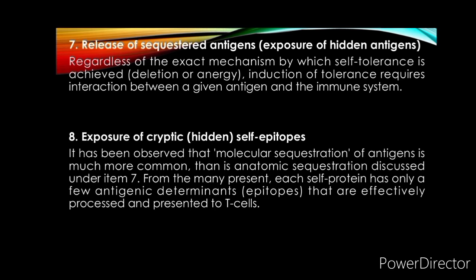It has been observed that molecular sequestration of antigens is much more common than anatomic sequestration discussed under item number 7. From the many present, each cell protein has only a few antigenic determinants that are effectively processed and presented to T cells.